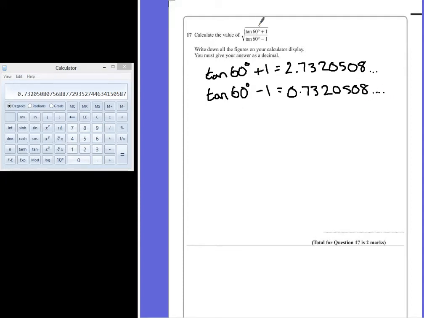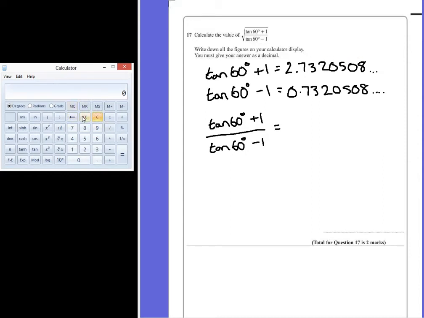Once we've got those two values, we can work out what the tan of 60 degrees plus 1 divided by the tan of 60 degrees minus 1 would be equal to. Now you can type in all the numbers that you've written down, and that way you'll get a nice accurate result.